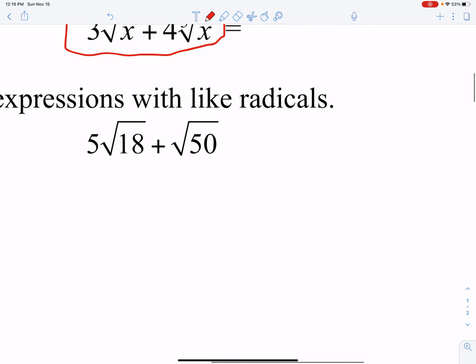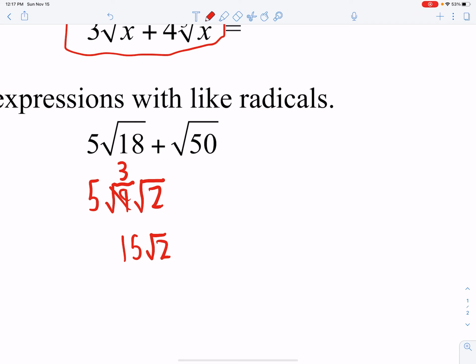So let's look at 5 square root of 18 plus the square root of 50. So on the first one, we have a 5 at the front. When we're splitting up 18, you would split it up into 9 times 2. And the square root of 9 is 3. And then 5 times 3, the first part becomes 15 square root of 2. Then for the next part, the square root of 50, when we're splitting that one up, 25 goes into 50 twice.